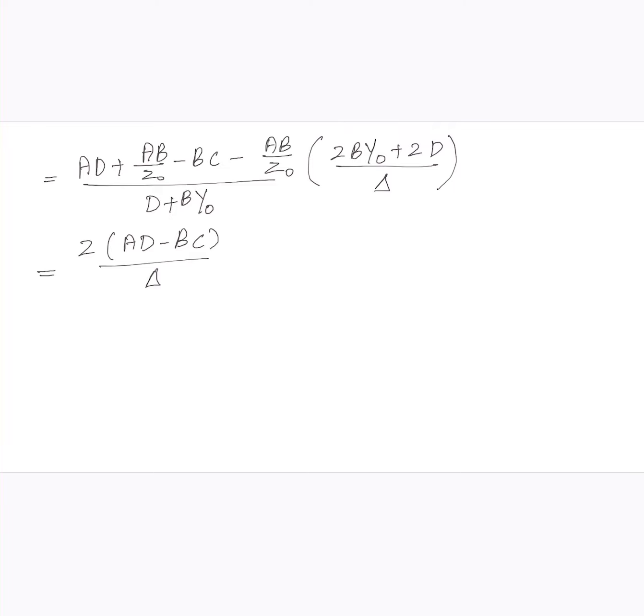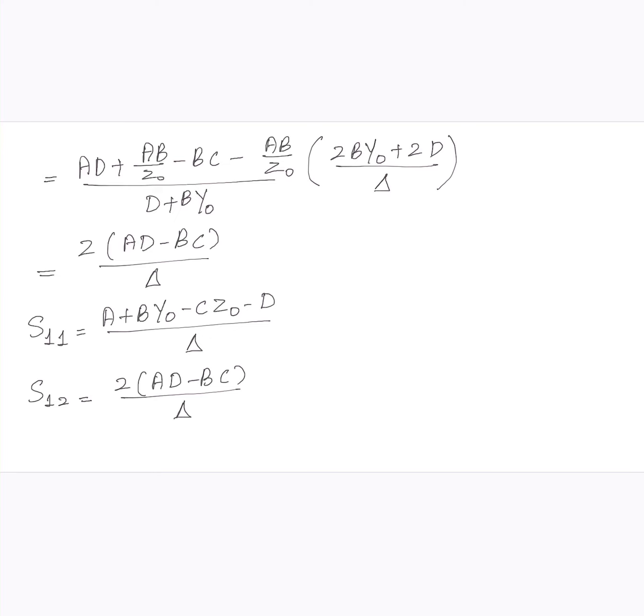So we can summarize all the equations. That is, S11 is equal to A plus B Y naught minus C Z naught minus D by delta. S12 is equal to 2 into (AD minus BC) by delta.